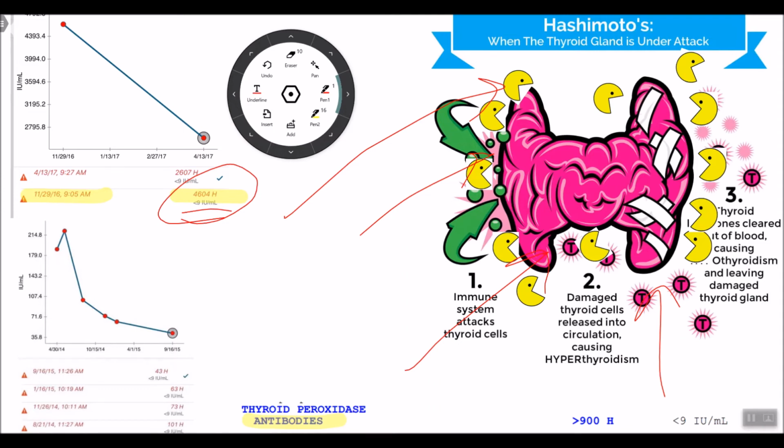The amount of problems this woman was having was endless. So then we put her on the specific functional medicine programs, which I'm trained in, and then we recheck. One thing about labs, I like to recheck because labs don't lie. So here's 4,600, and it went down to 2,600 in basically 5 months.